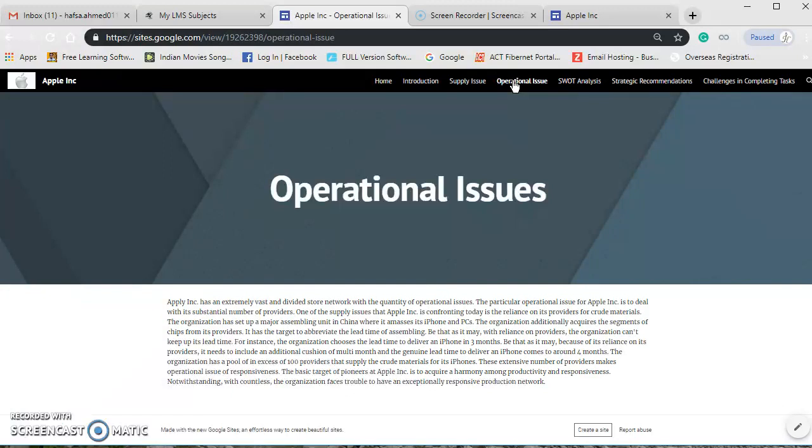One of the supply issues that Apple is facing today is the dependency on its suppliers for raw material. The company has set up a bigger manufacturing unit in China, where it is assembling the iPhones and computers. The company also procures the chip components from its suppliers. It has the objective to shorten the lead time of manufacturing.